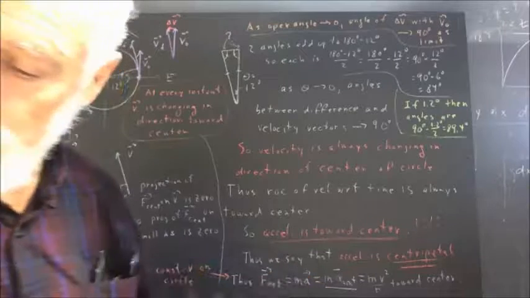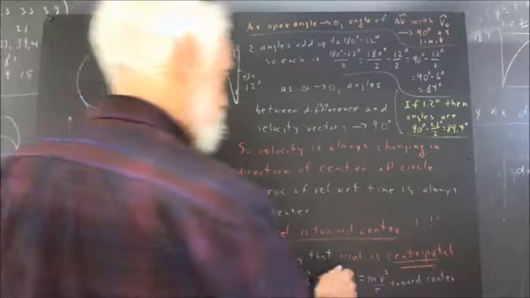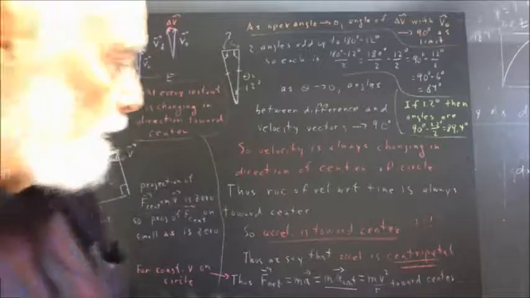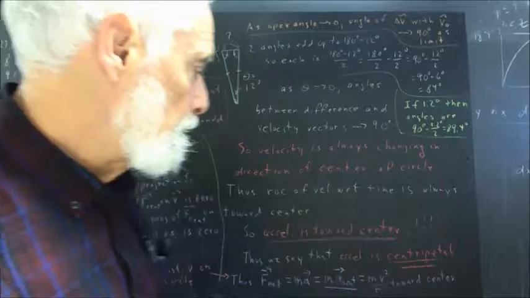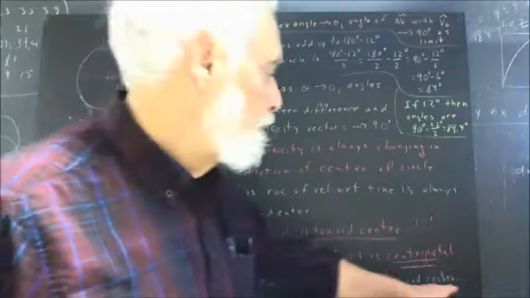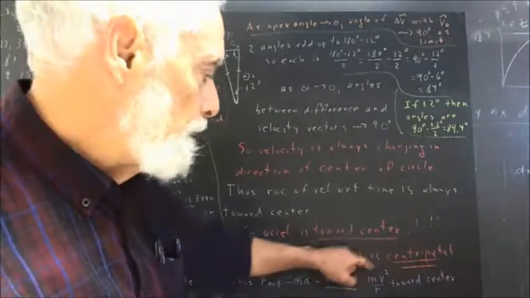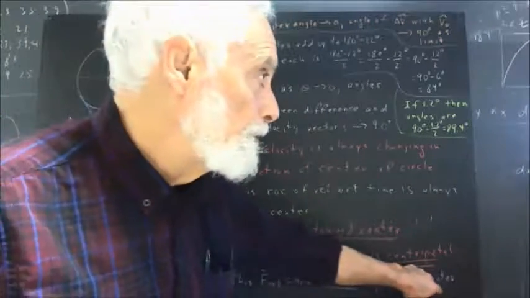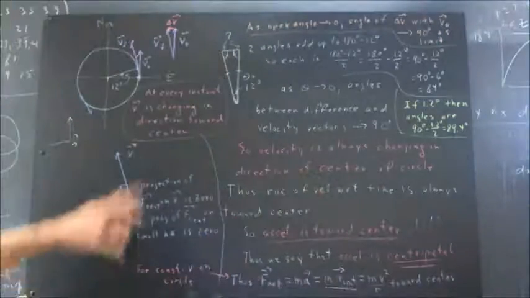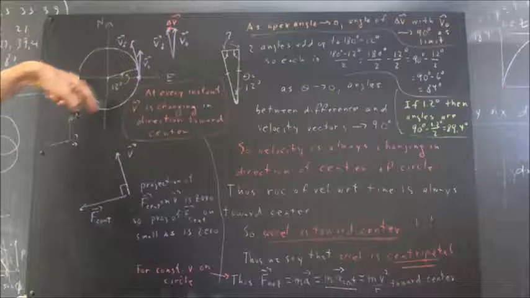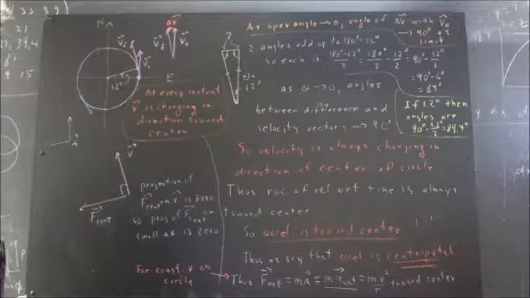Our acceleration is our centripetal acceleration, which has magnitude mv squared over r, and it's toward the center. So we have a net force of mv squared over r toward the center. Again, this applies only in this case of uniform speed around a circle.